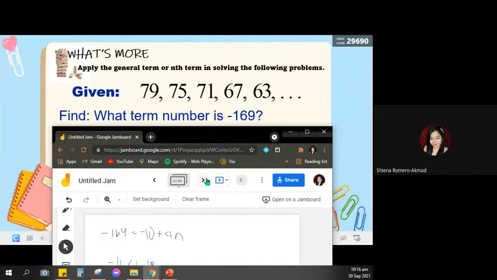Yung susunod, syempre, doon na kayo sa frame number 4 kasi may sasagot na sa 3. And so on. Wala magbubura ng 1 ha. Kailangan ko yan.